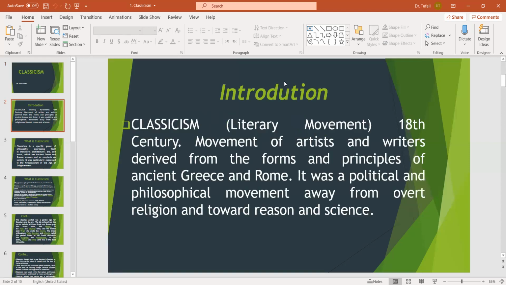Classicism was basically a literary movement, and this movement started in literature, especially in English literature, as what we call new classicism, in the 18th century. This movement is connected with the ancient writers, be they Greek or Roman.